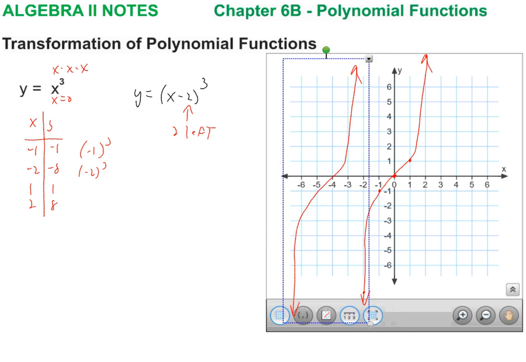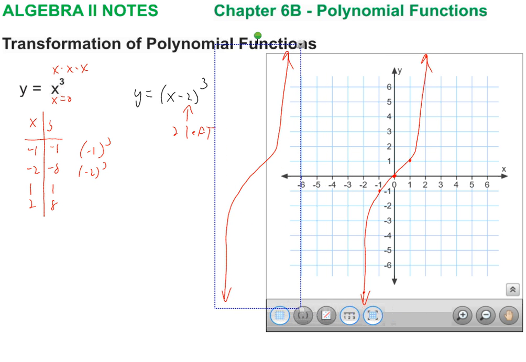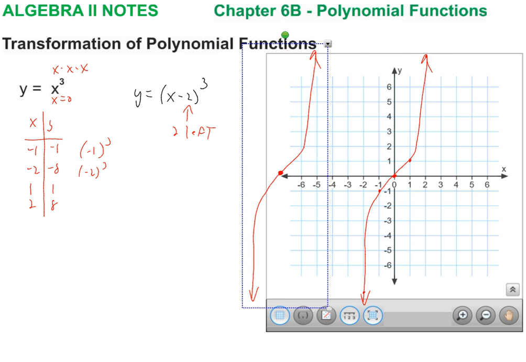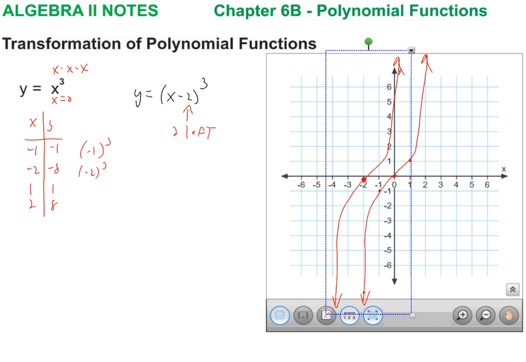I need this vertex here. I think it's about there. Let me see if I can catch this all together. Group it. Okay, so in this situation, this is that exact function 2 to the left. And there it is right there.